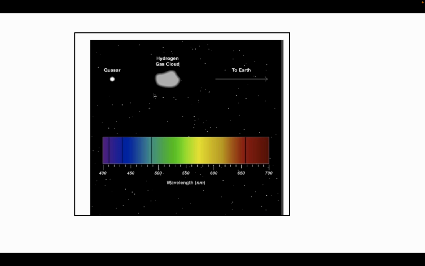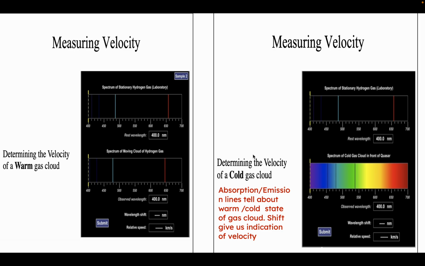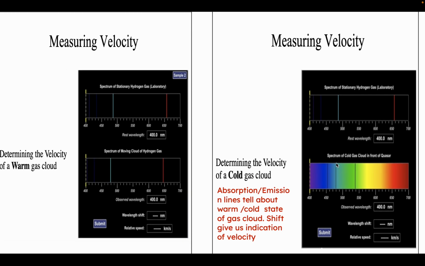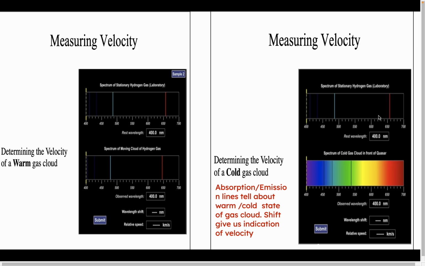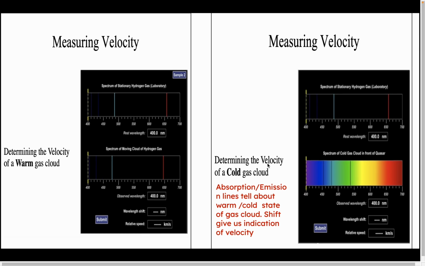If it is a cold gas cloud, then some of the light coming from the quasar will be absorbed, and you will see absorption lines in the quasar spectrum. From the shift of that line from the lab frame, you can determine the velocity of the cold gas cloud.